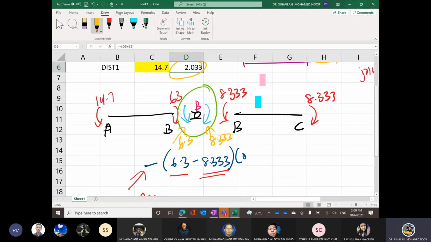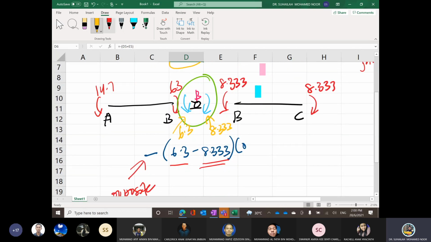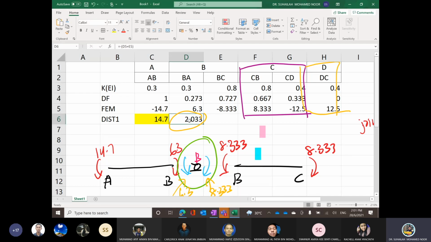So 0.273 is the distribution factor. Okay, so this 2.033 is the joint moment. How to get this? It is 6.3 minus 8.333, change sign to represent the opposite condition. The 2.033 is only the joint moment times with factor. The factor is 0.273.